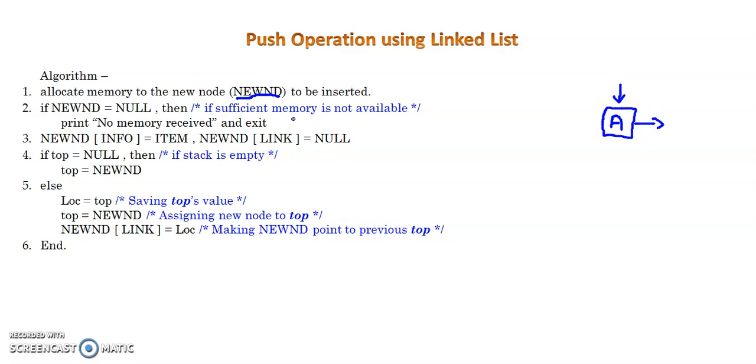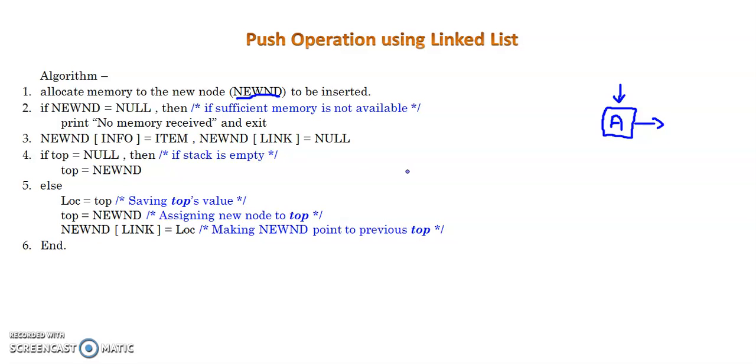But what if it gets memory? I am denoting the new nd in the diagram as n. This is my new node I am going to enter. As you know, the linked list has two parts: one is the information part, another is the link part.